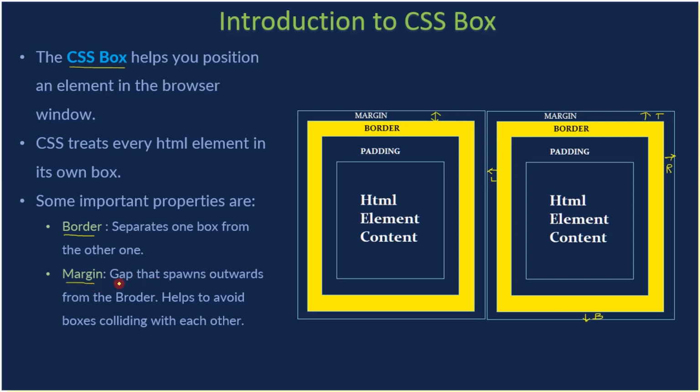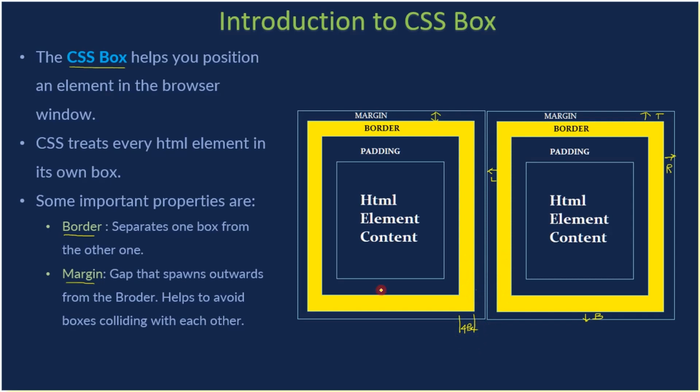Margin is nothing but a gap that spans outwards from the border, which helps to avoid boxes colliding with each other. If we don't have any margin, and elements are placed side by side with, say, a 4 pixel border width, then these two borders will collide with each other.